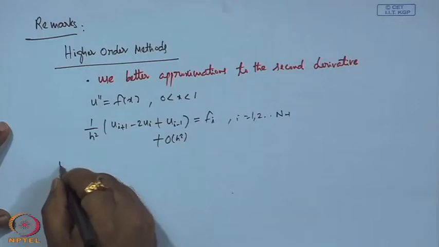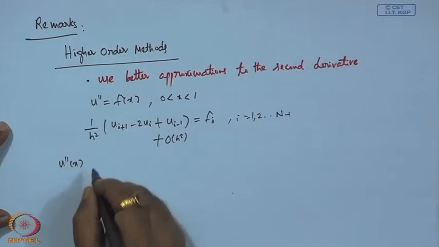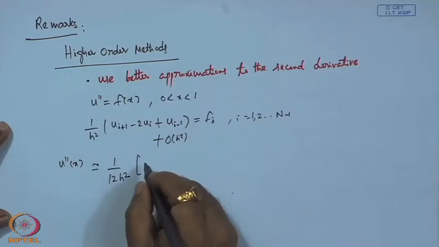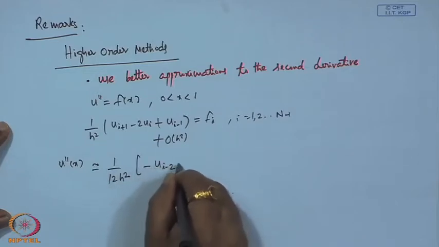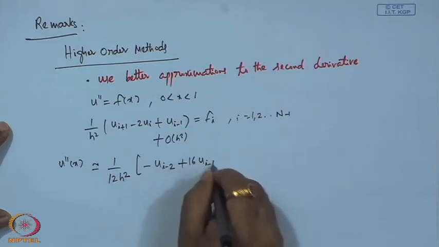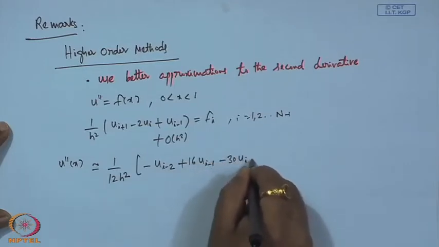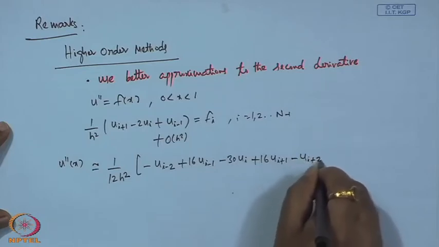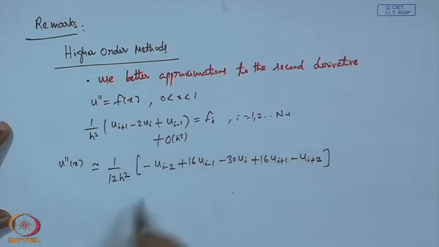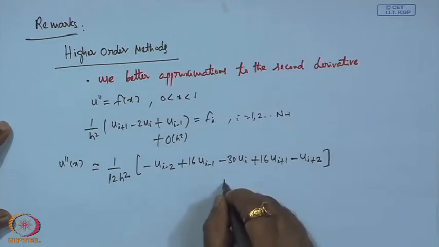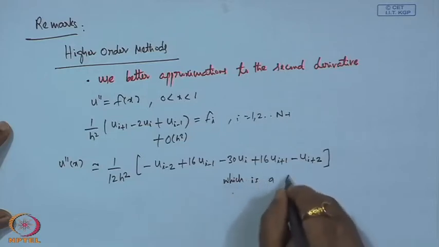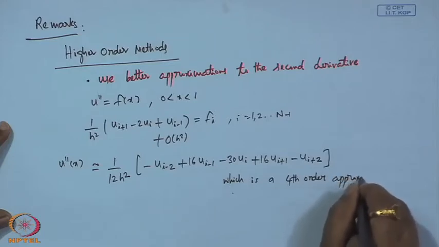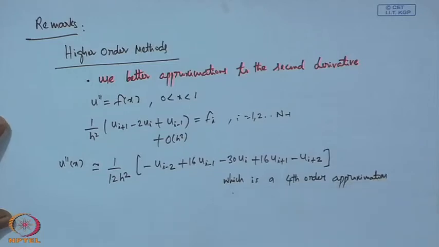However, u double prime of x can be approximated by the following, which is a fourth order approximation.